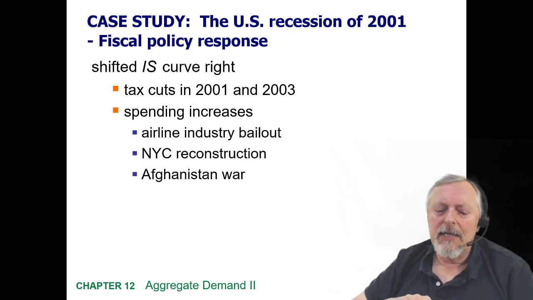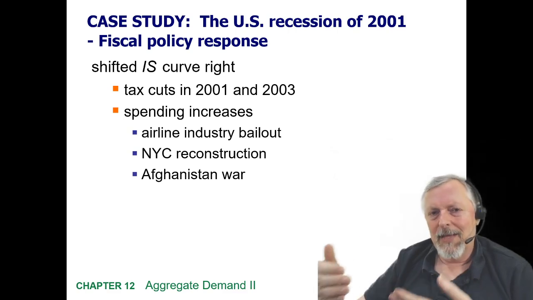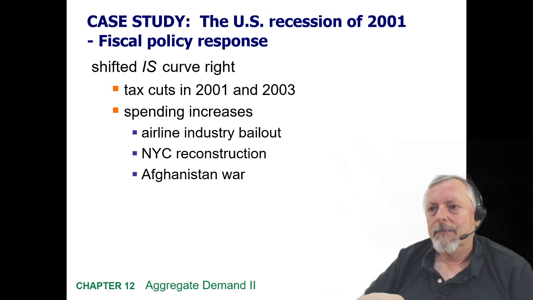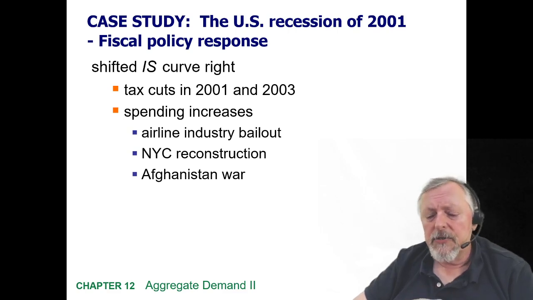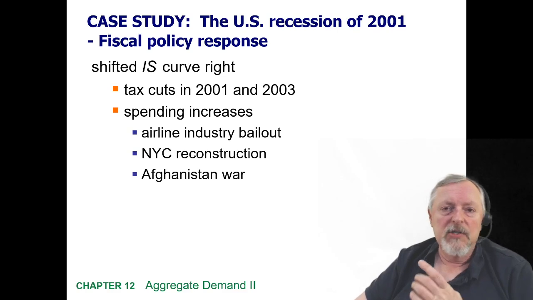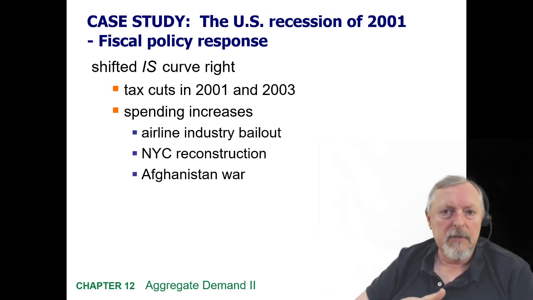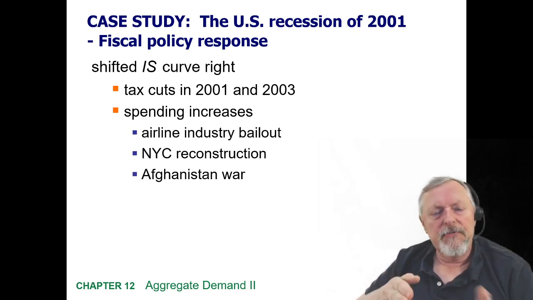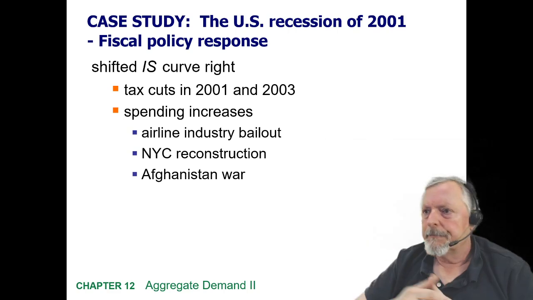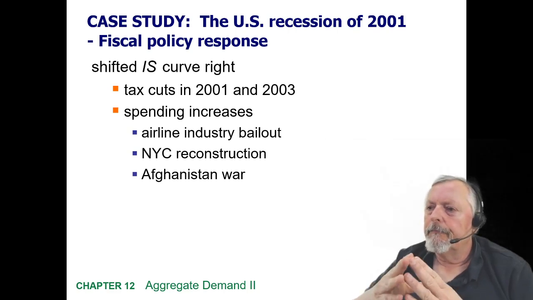And even after they were allowed to fly again, people were frankly afraid of getting on an airplane. So the airline industry, all the major airlines, would have gone bust if the government hadn't intervened. All of these things shifted the IS curve right.